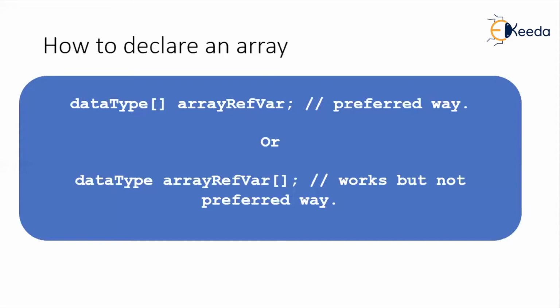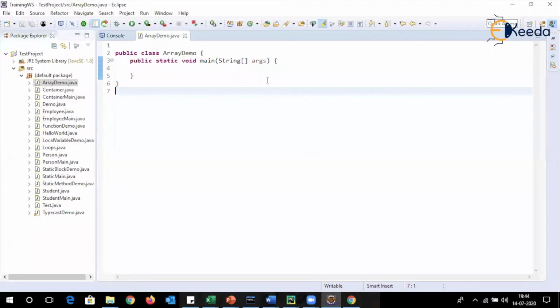Let's now see how we can declare and create an array through an application. Just to revise, when I declare a variable in this way, I am specifying that it is going to hold one value.